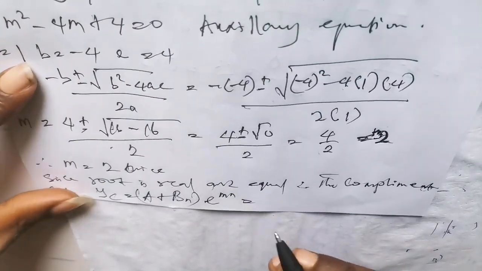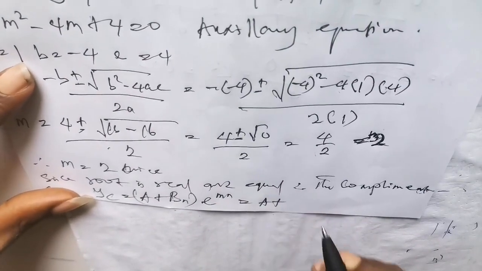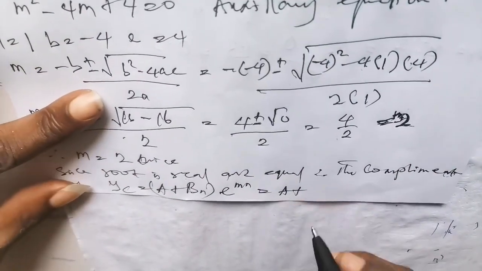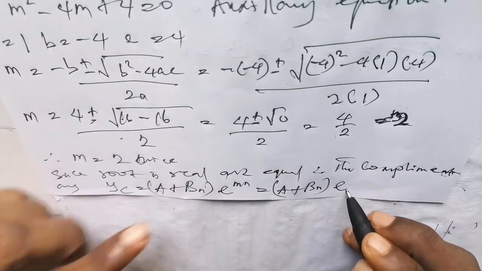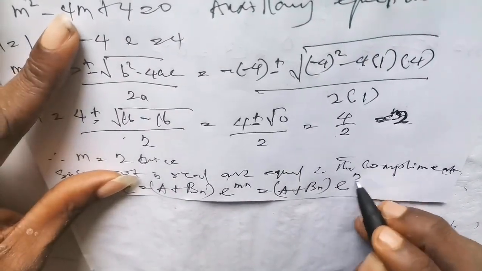So this is equal to A plus Bx, exponential, m was given as 2, so you have 2x.